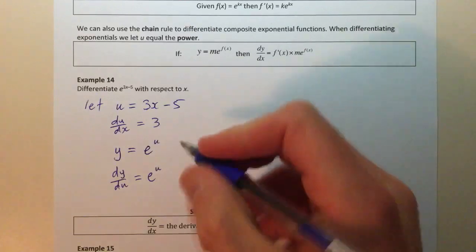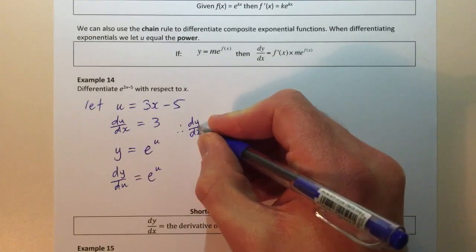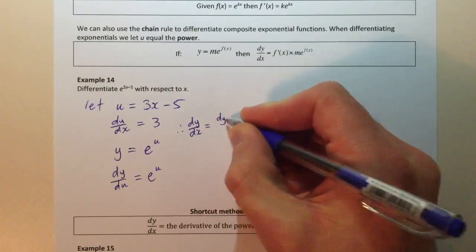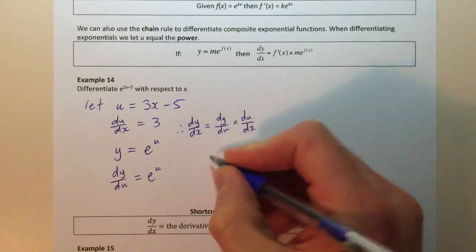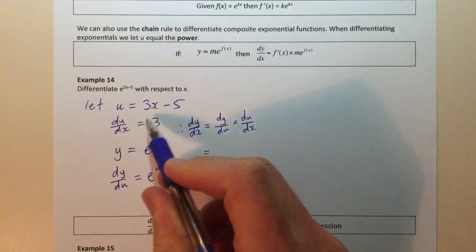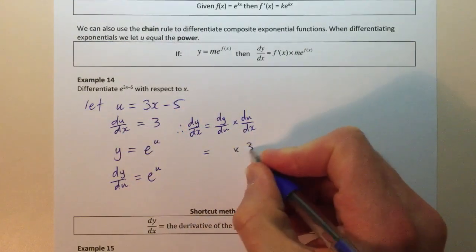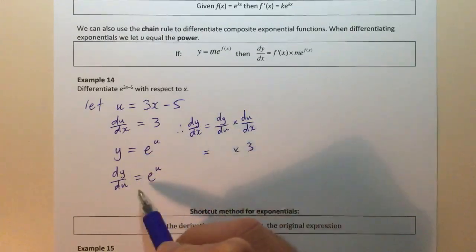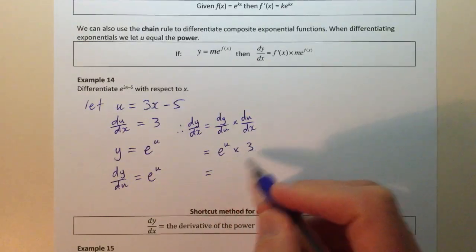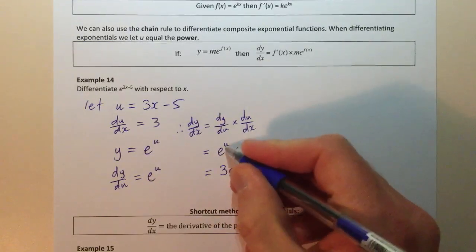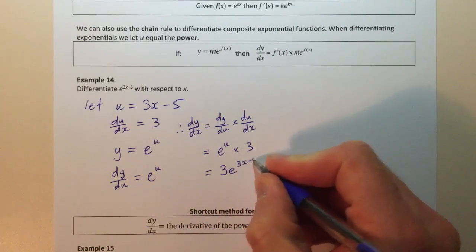And therefore, when we apply the chain rule, dy/dx equals dy/du times du/dx. The du/dx was 3, so that goes here, times the other part, dy/du, which was e to the power of u. Normally we'd write the 3 in front, so 3e to the power of u, and u was really 3x minus 5. So the answer to this is 3e to the power of 3x minus 5.